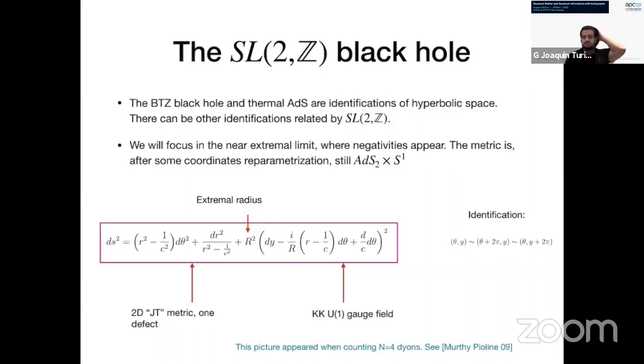It's not obvious to me how the insertion of these defects should correspond to the fact that you change the potential, going from JT gravity to this slightly different model that you get from 3D gravity. Effectively, the gauge field changes the potential.